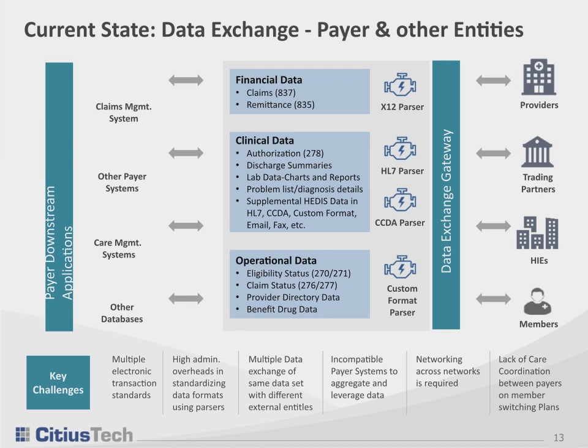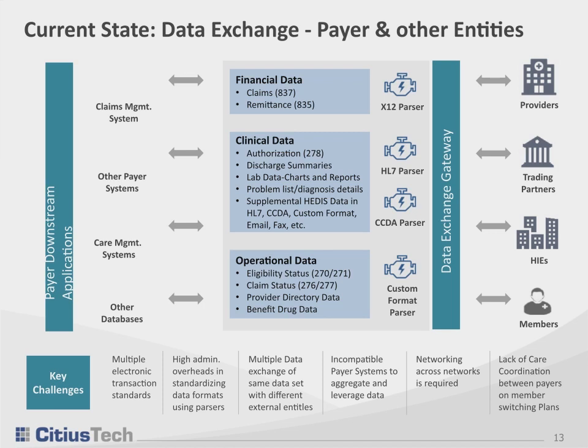Also, day in and out, payer systems exchange data and store a huge set of data, which contributes to a huge hub of data at their end. But due to disparate and disconnected data systems, because of unstructured data formats, this could not help either member transparency or care coordination.